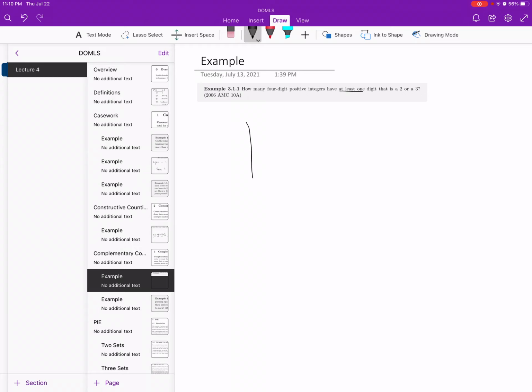Because if we look at our 4-digit positive integers, we can break them into two categories: at least one 2 or 3, or zero 2s or 3s. This is the part we want. This is the part we don't want.